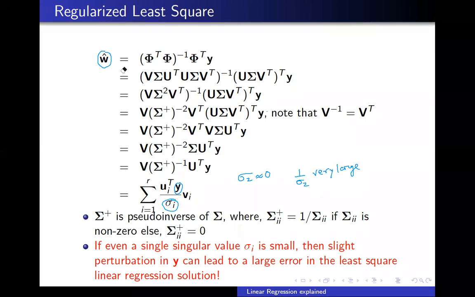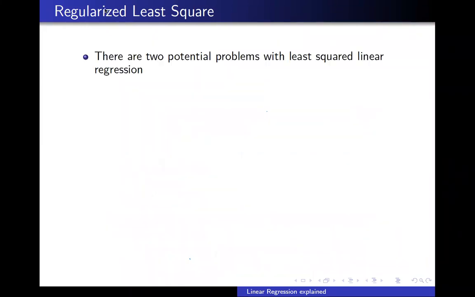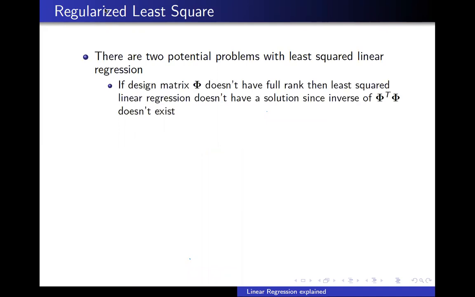But remember this important point: even if a singular value is small, a slight perturbation of y may lead to a very large error in the least squares linear regression problem. So there are two potential problems with linear regression that we have seen so far.